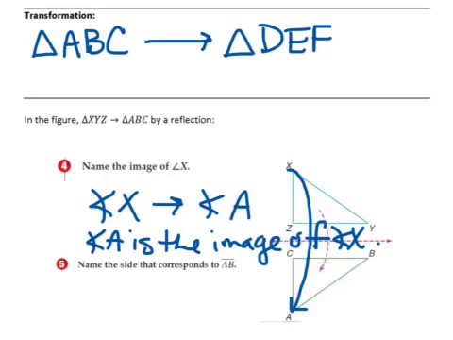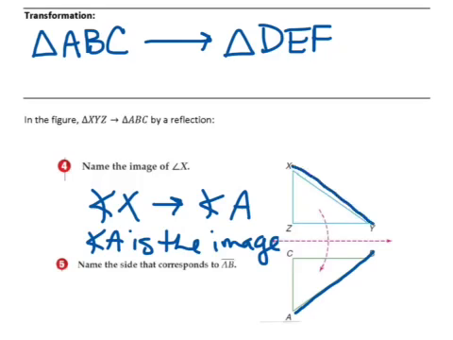And again, in example 5, it says to name the side that corresponds to segment AB. Well, again, let's use our diagram as a tool. So if I'm looking at AB first, this is the image of pre-image XY.